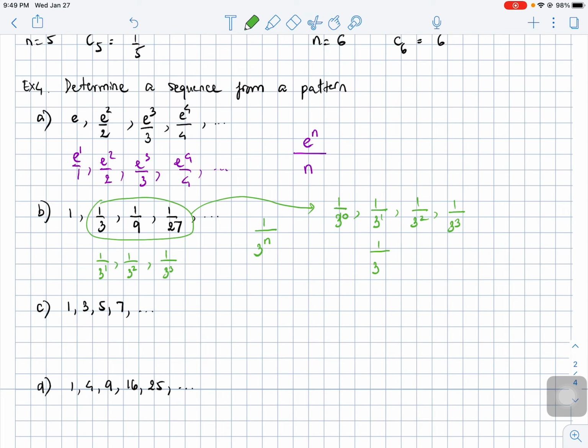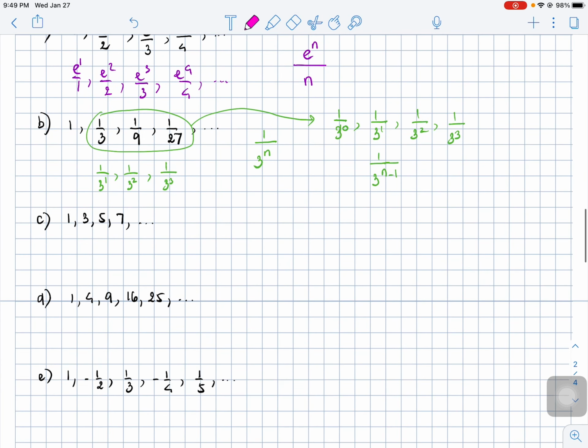We should not begin from n, because if we begin from n, we will have 3 to the n. So we want to begin from 0. Then the exponent has to be less than n by 1 unit. So n minus 1. If you begin from n equal to 1, you will have 3 to the power 0.